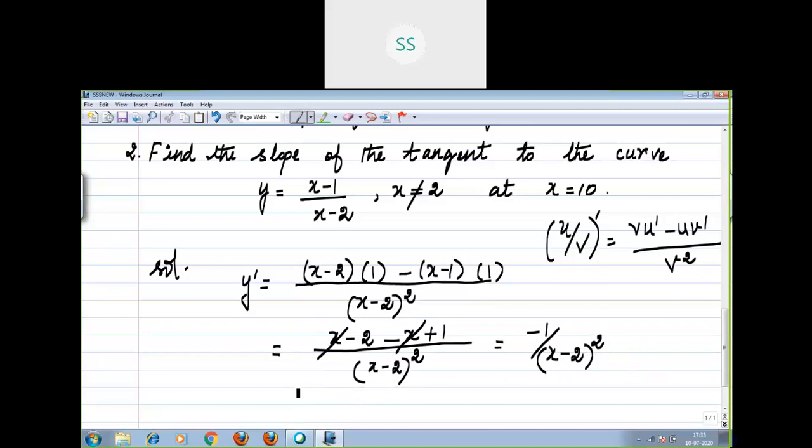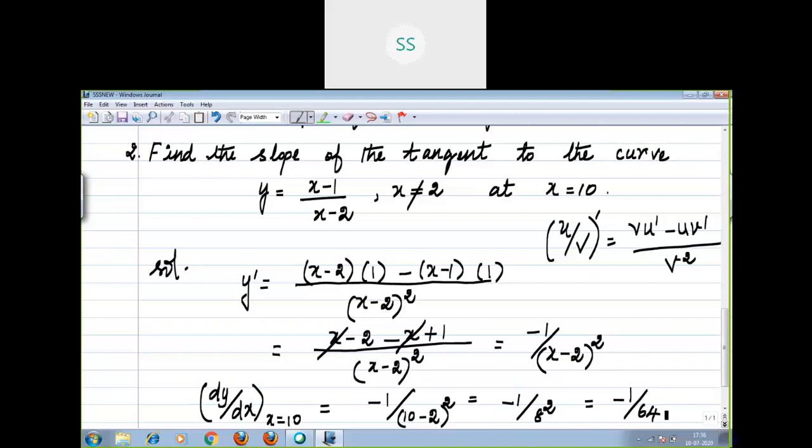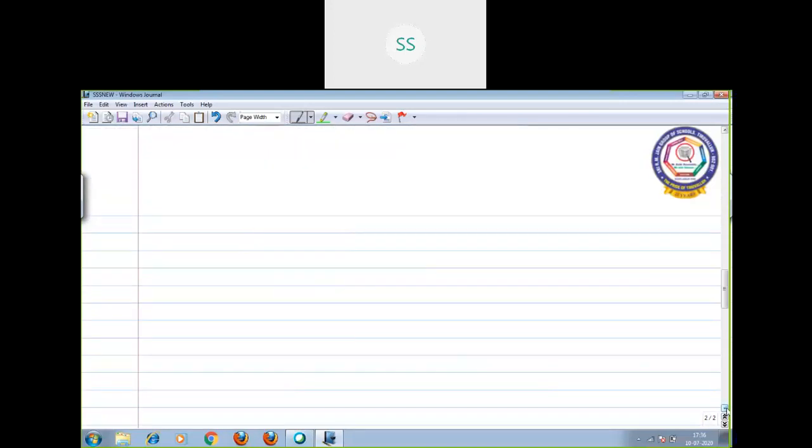Now the value is given as x is equal to 10. So y dash, if you want, you write like this, dy by dx. y dash is nothing but dy by dx at x is equal to 10, which is equal to minus 1 by 10 minus 2 the whole square, which is equal to minus 1 by 8 square, which is equal to minus 1 by 64. What is the slope of the tangent here?